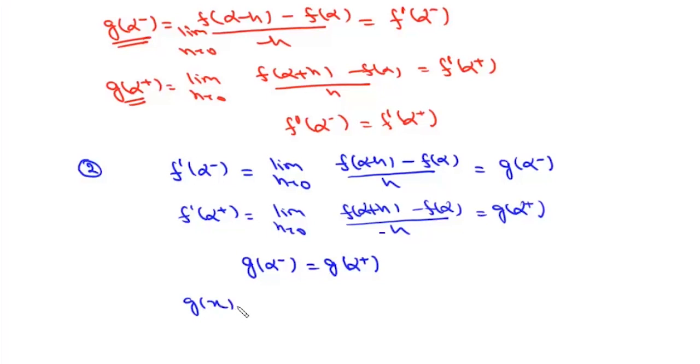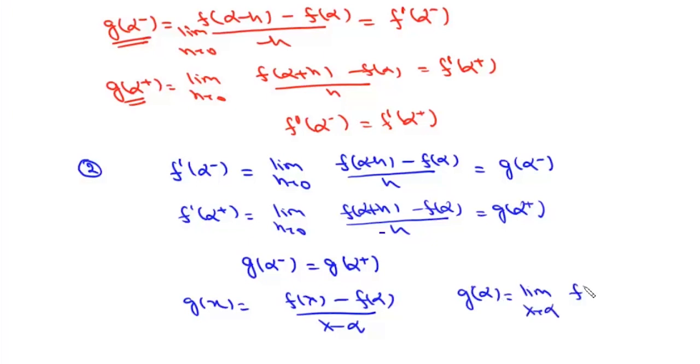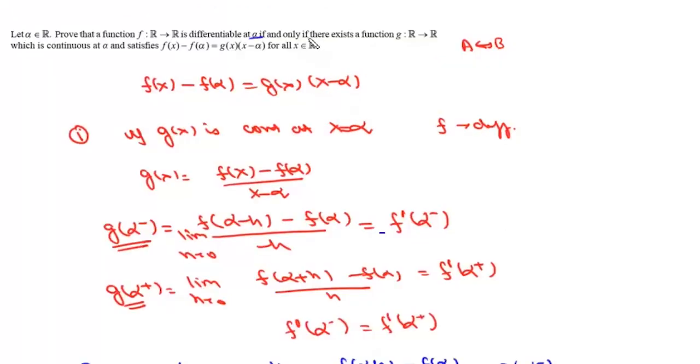Also, if you look at g(x), it is (f(x) minus f(alpha)) upon (x minus alpha), then g(alpha) will be equal to the limit x tends to alpha of (f(x) minus f(alpha)) upon (x minus alpha), and that will be equal to f'(alpha). So that means this is also equal to g(alpha), which means this function g is continuous. So f is differentiable at alpha if and only if there exists a continuous function g(x) which satisfies this given condition.